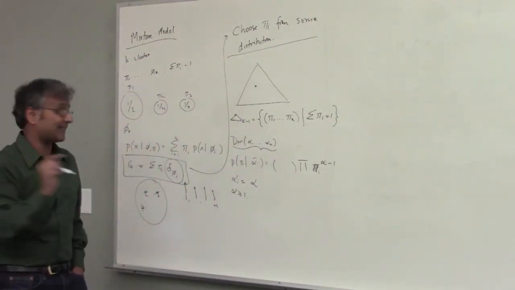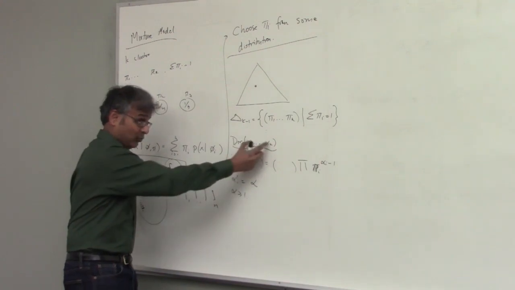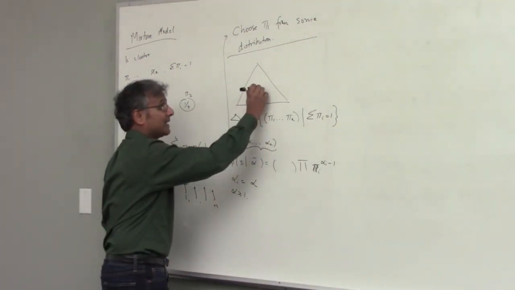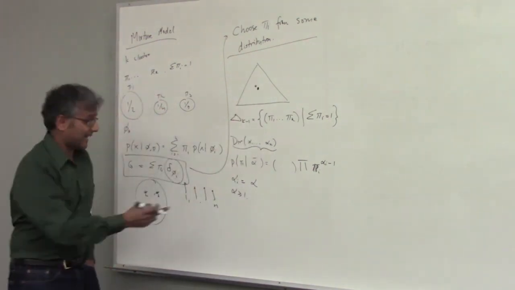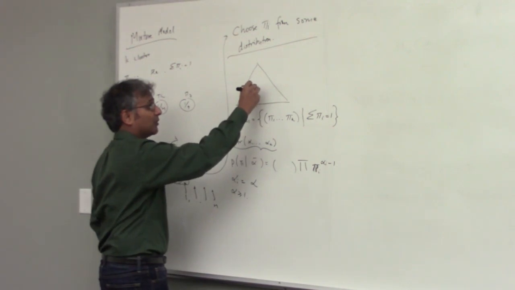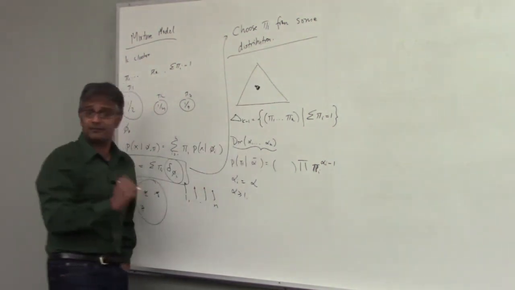In this case, when all the alphas are the same, the center point is the normalized center of the simplex. And as the magnitude of alpha increases, this concentration gets sharper and sharper and sharper. Remember we talked about that.